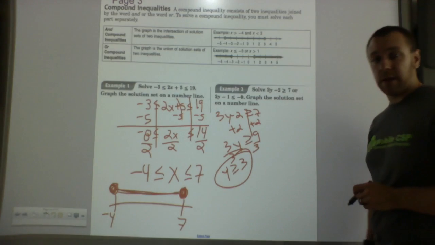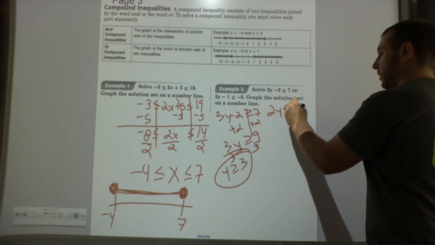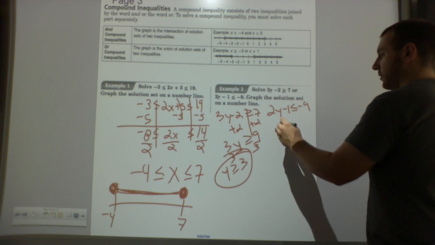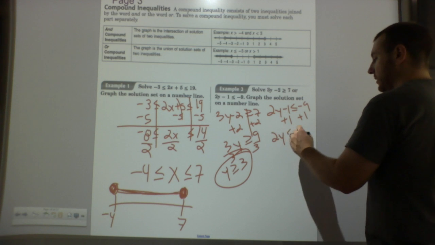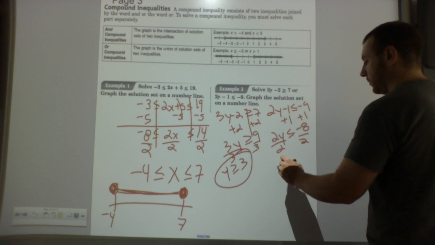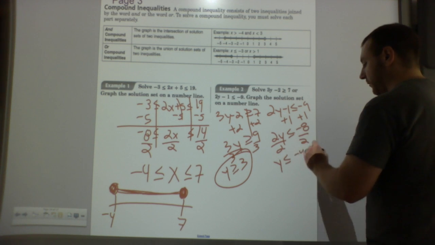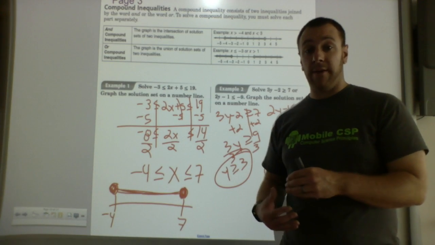So y is greater than 3. Now, 2y minus 1 is less than or equal to negative 9. I'm going to add 1 on both sides. 2y is less than or equal to negative 8. I divide by 2. y is less than or equal to negative 4. Those are my two inequalities that I have to graph.